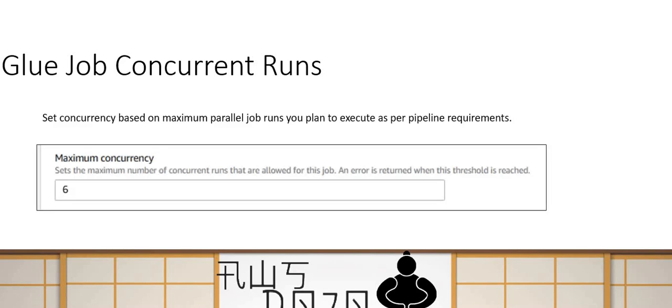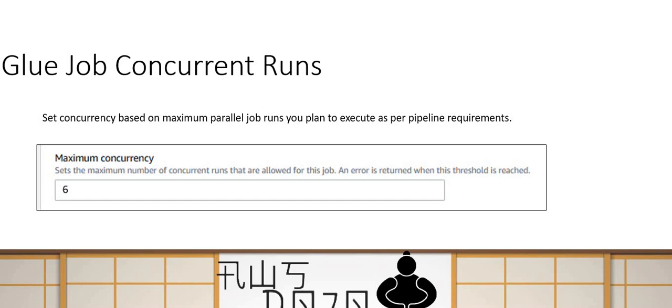That means one Glue job has to run in parallel to ingest my data. So how do I configure my Glue job to run in parallel? And that is pretty straightforward. There is a property in a Glue job called maximum concurrency, which you can set, and by default that value is 1. That means a Glue job can have only one instance of run.